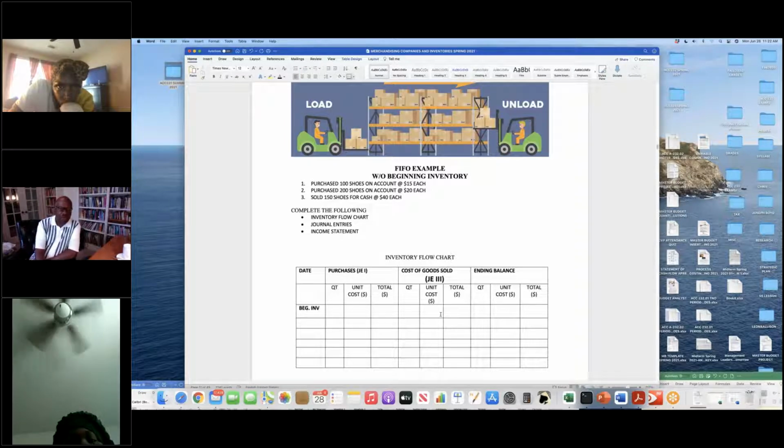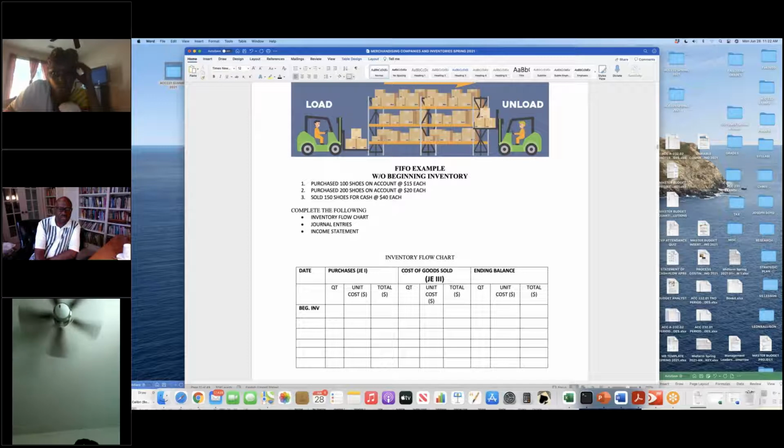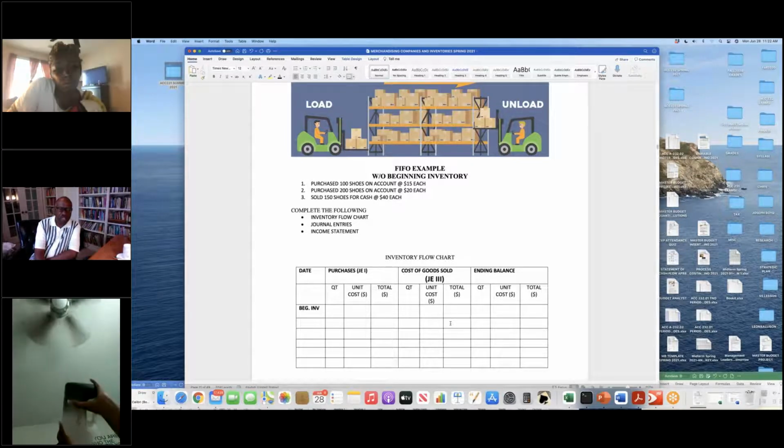With this chart, when you bought the inventory, and notice I say journal entry 1 here, you make the entry here and you transfer it over to the balance whenever you buy it. When you sell it, you make journal entry 3 to determine your cost. Here we just looked at 2 or 3, but we might have a purchase and a sale, then another purchase and a sale.